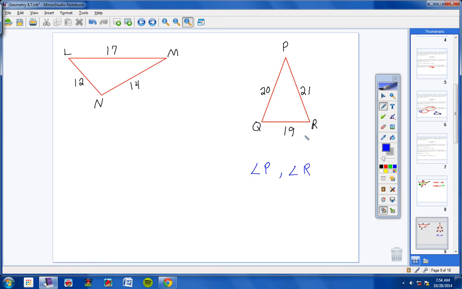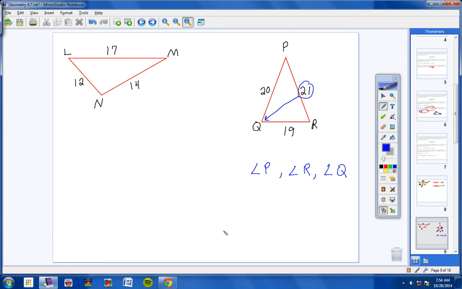And now I'm going to find the longest side, and that's across from the largest angle. So angle Q would be the largest angle. So there we go. I listed my angles out from smallest to largest. Okay? Really not that difficult, guys.